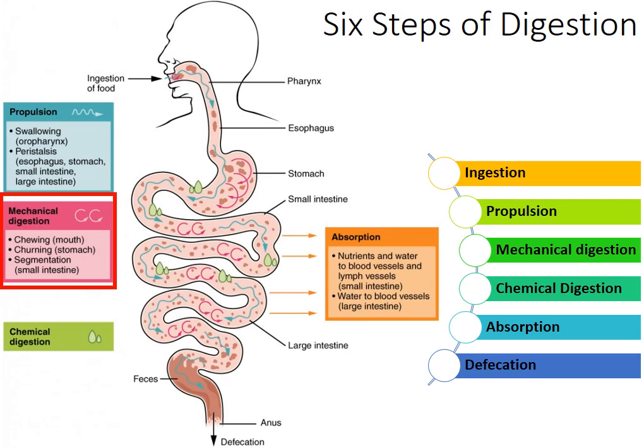The mechanical churning of food occurs in the stomach and serves to further break it apart and expose more of its surface area to digestive juices. Segmentation mainly occurs in the small intestine. It is the process of moving food back and forth in the intestinal lumen. This helps to mix food with digestive juices and facilitates absorption.